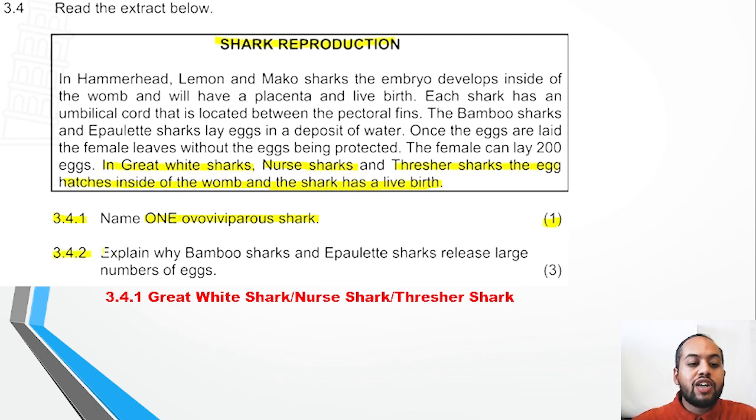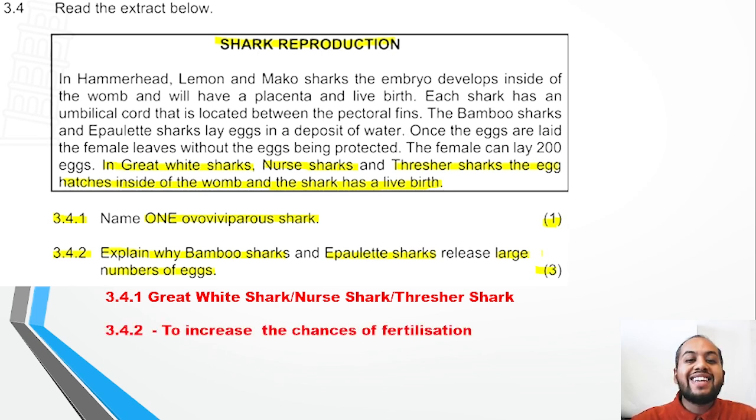3.4.2, explain why bamboo sharks and epaulet sharks release large numbers of eggs. Now this is quite obvious. You generally release large numbers of eggs to increase your chances of fertilization, since it is external fertilization.